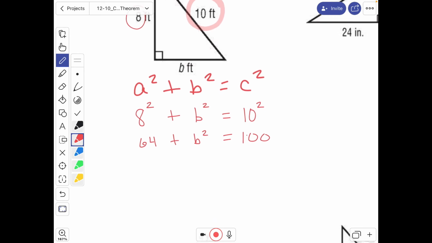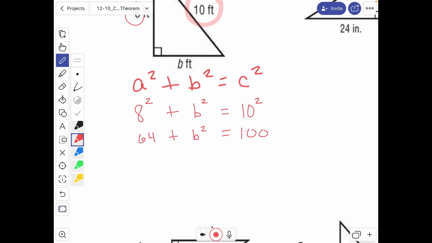We want to get the variable all by himself. So right now there's something there beside the variable we need to get rid of. And to get rid of something, we do the opposite. So this is adding 64. We're going to subtract 64. And if you do it on one side, you've got to do it on the other. In math, we have to keep balance. So if I subtract those, I'd get 0. That makes them kind of cancel. And I'd have b squared all by himself.